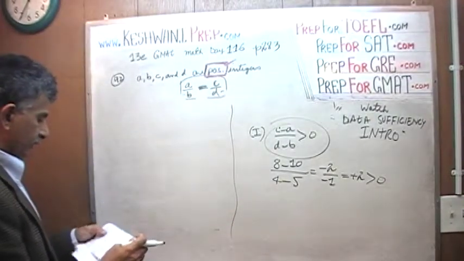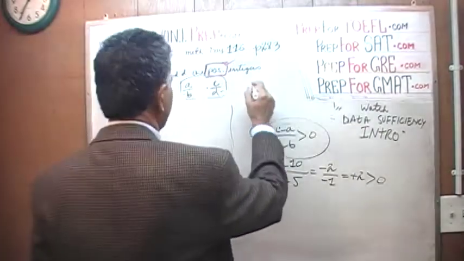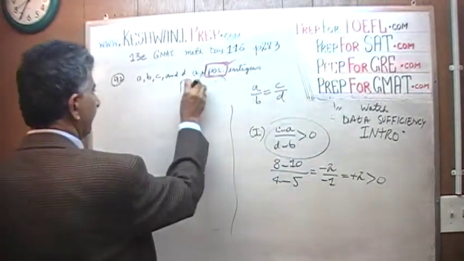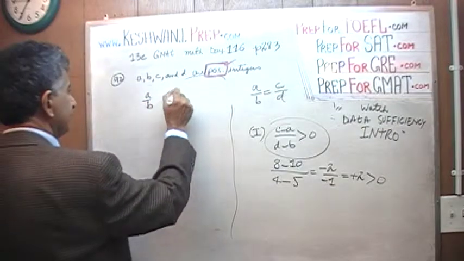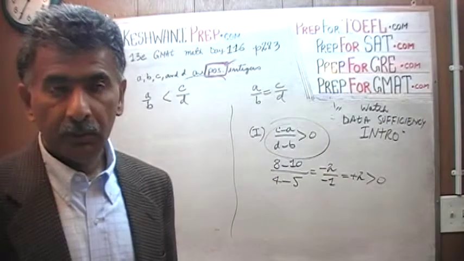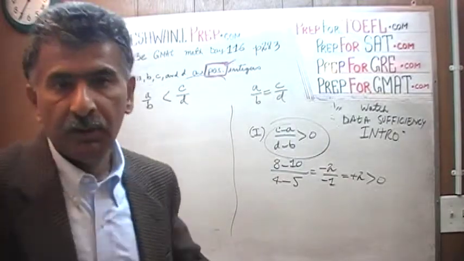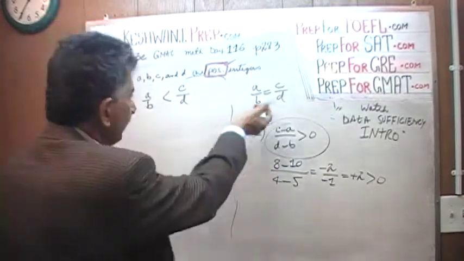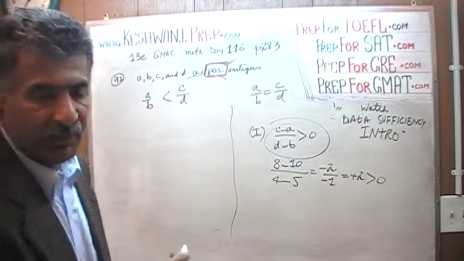Here, A over B equaled C over D. In the second situation, we'll make A over B less than C over D. I did less than, but you can do greater than. All you have to do is see if you can make it happen. If you can, you will have the contradiction, then the answer is no. Is this less than that? The answer is no, because here it is equal, here it's not. You just have to be able to show that that is possible.